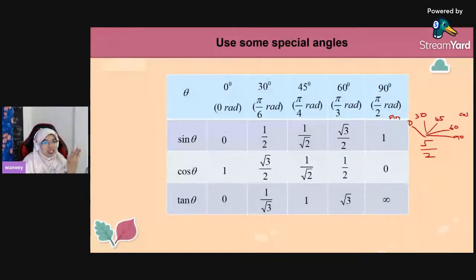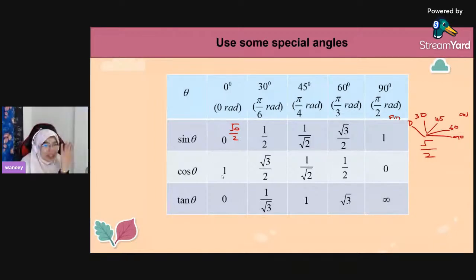So this is root 0 over 2. So that's the reason why you are having 0. So if you want to get cos, then you should get the number of fingers on the right hand side. So that's 5 fingers.